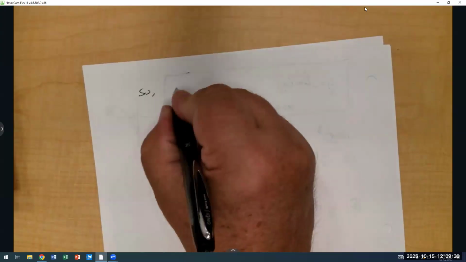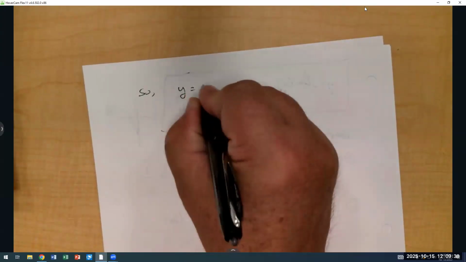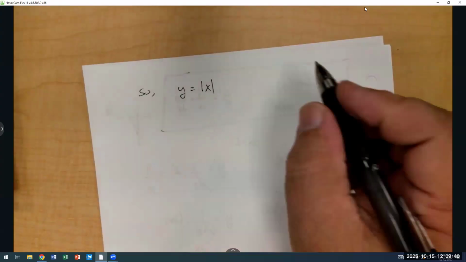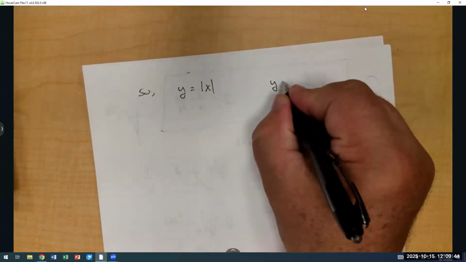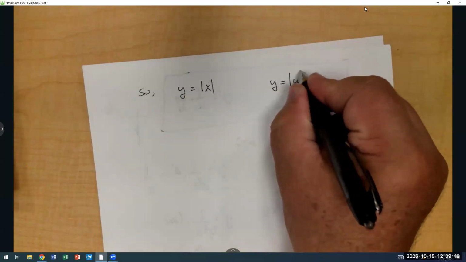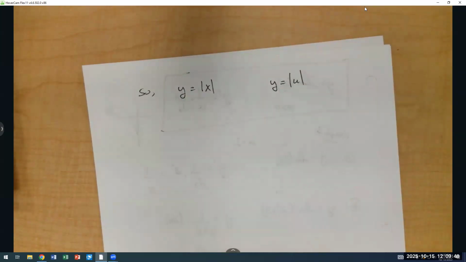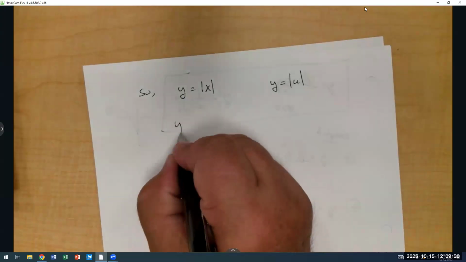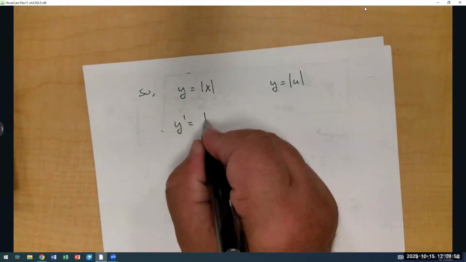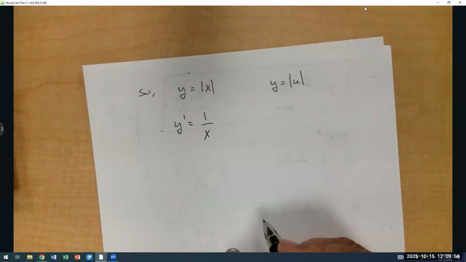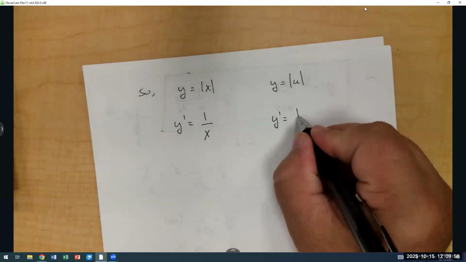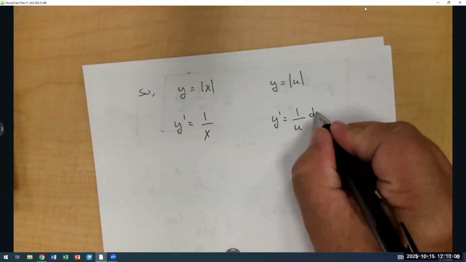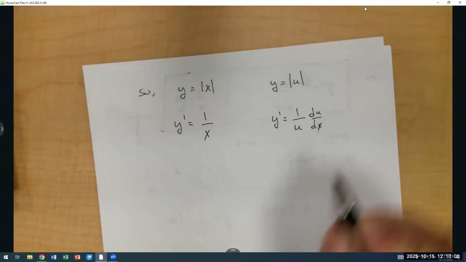So the derivative of absolute value of x, or the absolute value of u, if it's some function, is 1 over x, or 1 over u du dx.